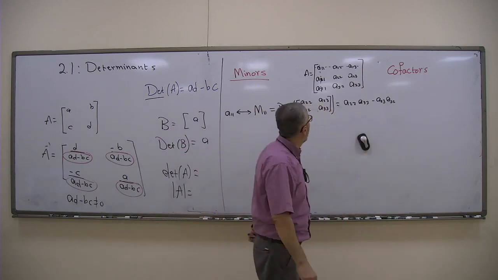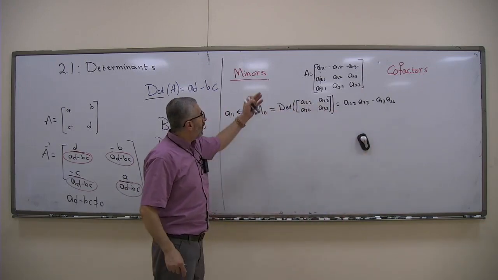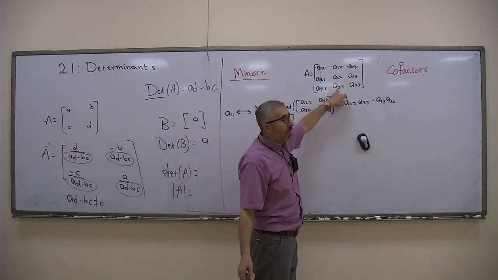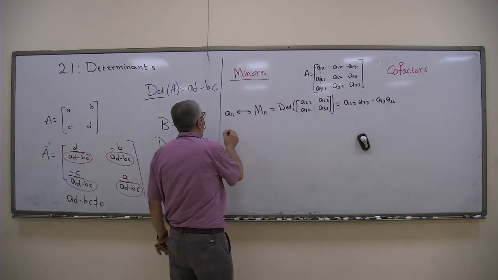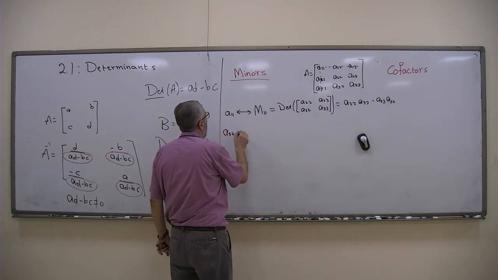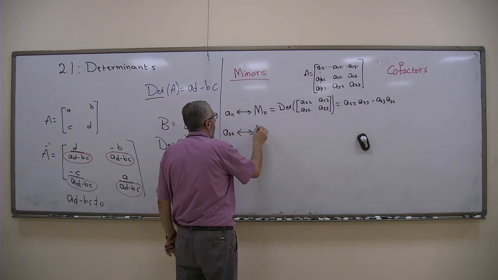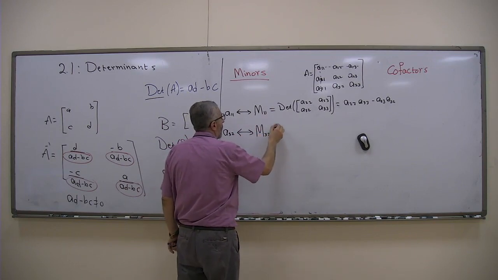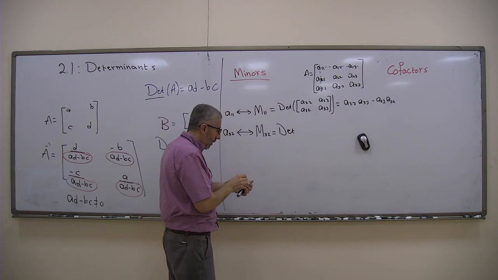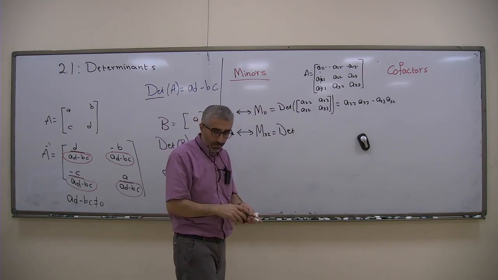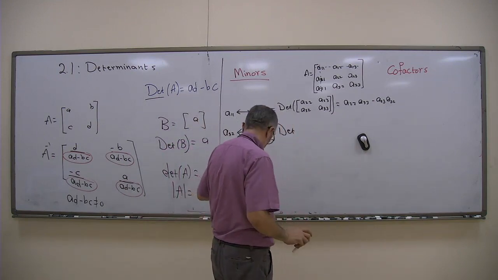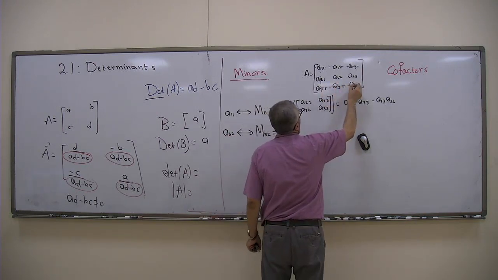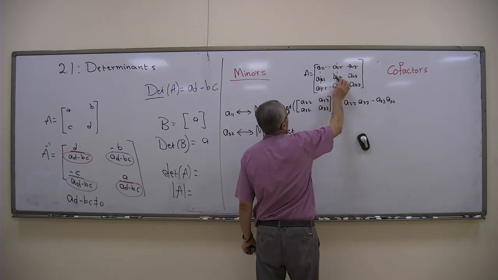Okay, all right. Well, I'm not going to list all of them, but let's say here we want to take this entry, A32. We associate this with M32. And what is this? This is a determinant. What do we do? We cover this column, this row.